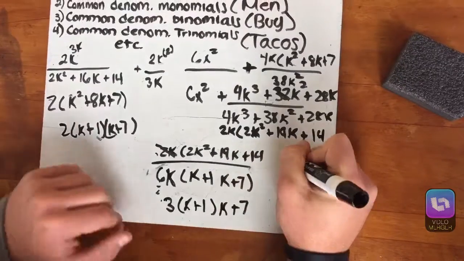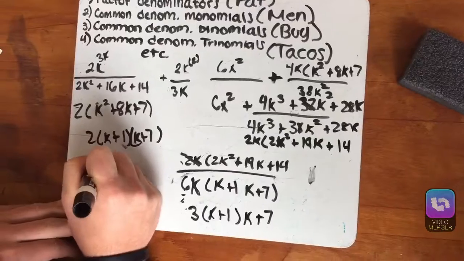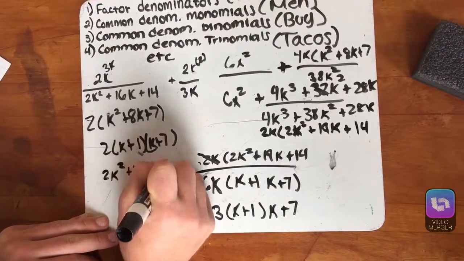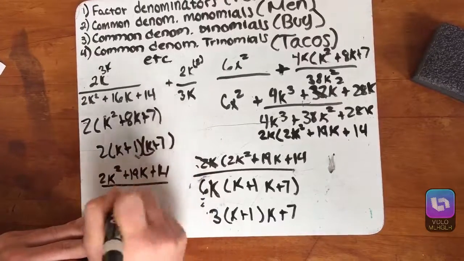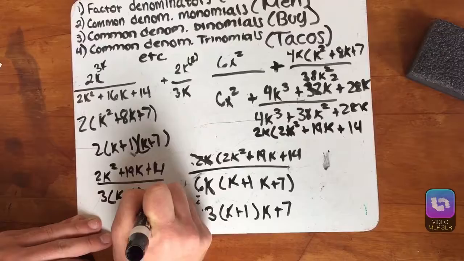So your final answer will be 2k squared plus 19k plus 14 all over 3 times k plus 1, k plus 7.